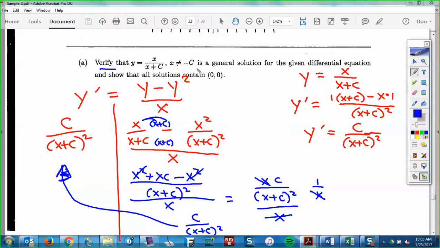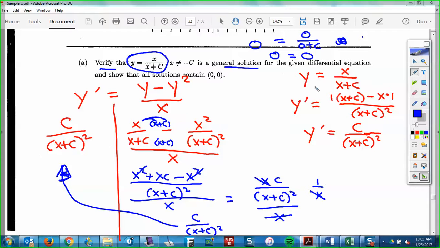Now, it said verify that that's the general solution. So there's a few points in there, I'm sure. One for doing your correct y prime over here, probably, and so forth. Show that all solutions contain (0, 0). Well, all you have to do is plug those in. This is your solution right here. So just plug a 0 in for y, plug a 0 in for x, and you get 0 equals 0, right? 0 over c is just 0.